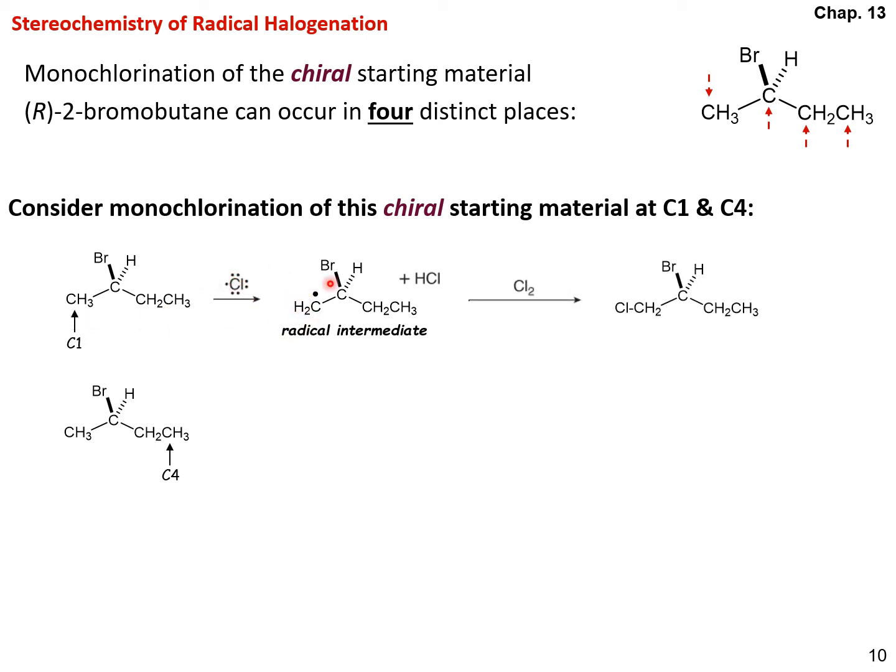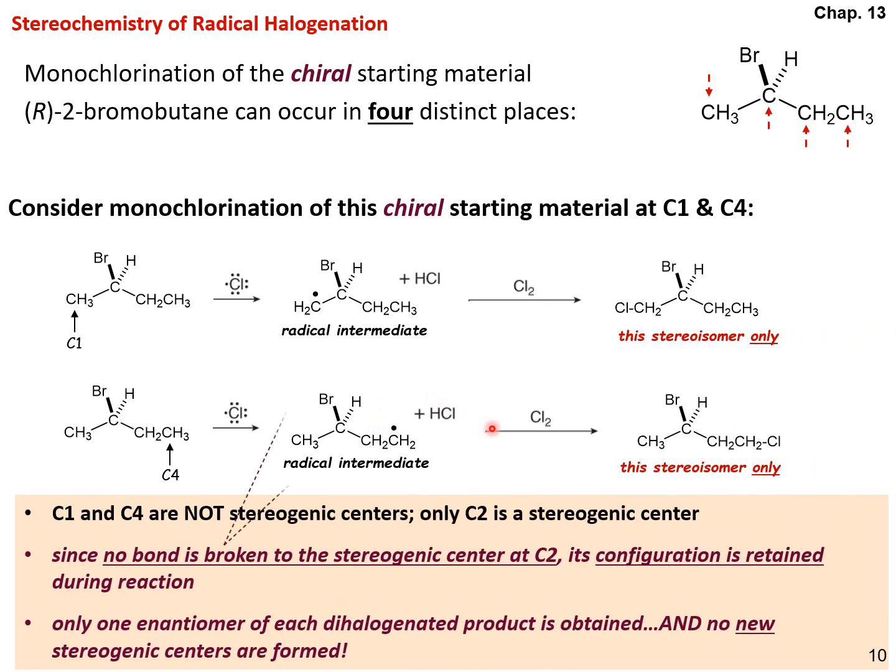This radical will then react with molecular chlorine in a second propagation step to generate this stereoisomer of the bromochloro product. When you have free radical halogenation occurring at C4, in the first propagation step, you would generate this radical intermediate, which goes on in a second step to generate this particular isomer of the bromochloro product.